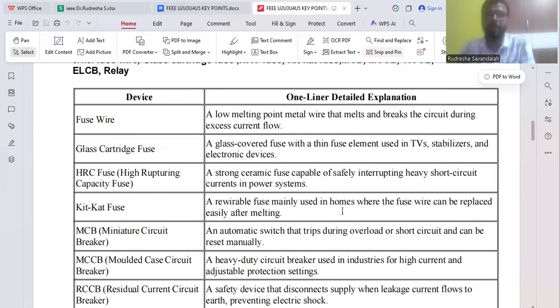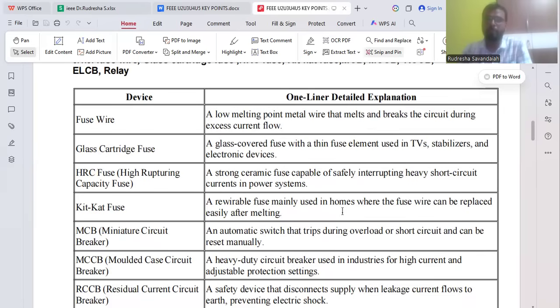HRC fuse, high rupturing capacity fuse: a strong ceramic fuse capable of safely interrupting heavy short circuit current in power systems. KitKat fuse: a rewirable fuse mainly used in homes, where the fuse wire can be replaced easily after melting.